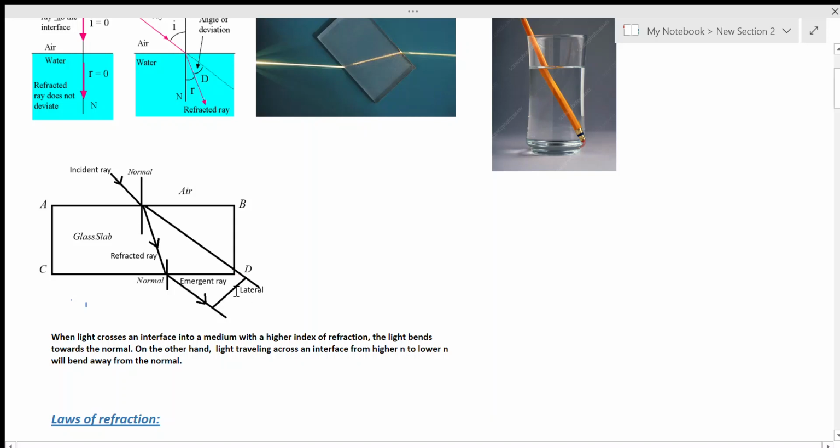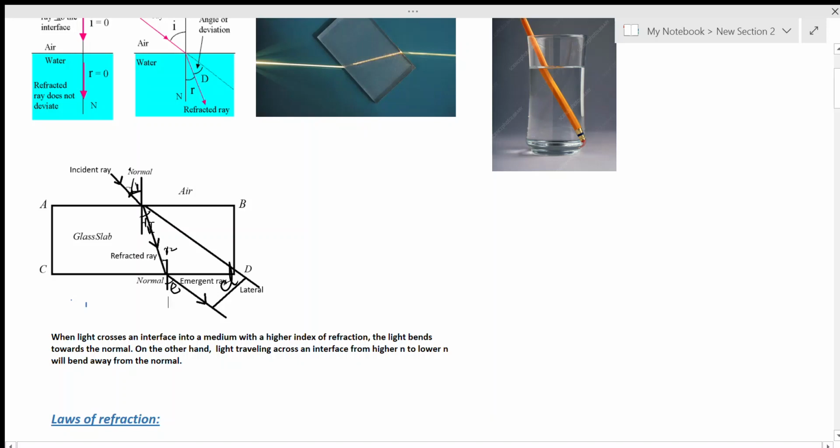So there is a lateral deviation of d, this much lateral deviation is happening, and you can see that the angles are different. This angle is called I, the angle of incidence. This angle you can call I1, otherwise R1, the first refraction angle. Then this you can call R2, and this is called the emergent angle E.